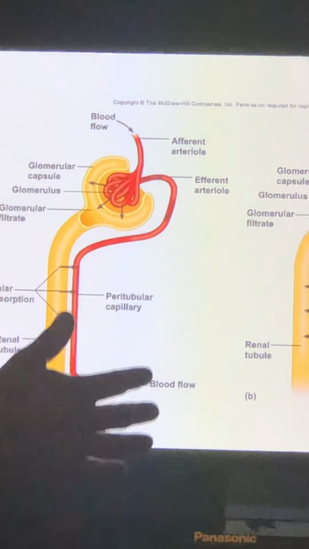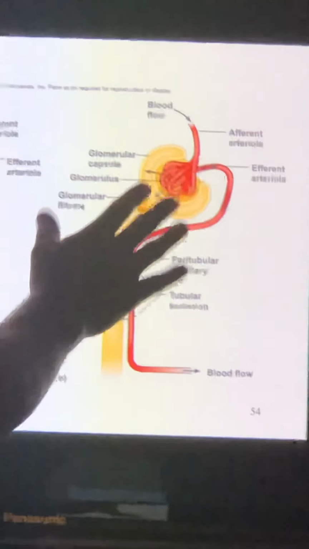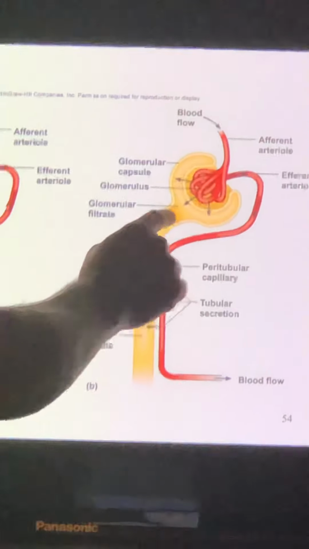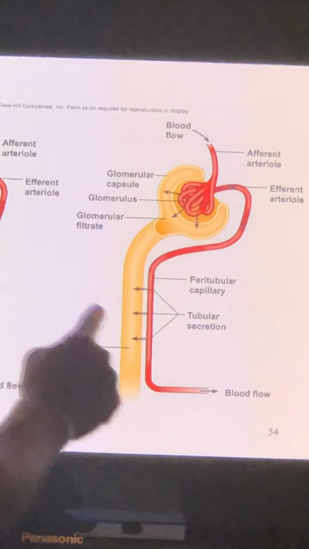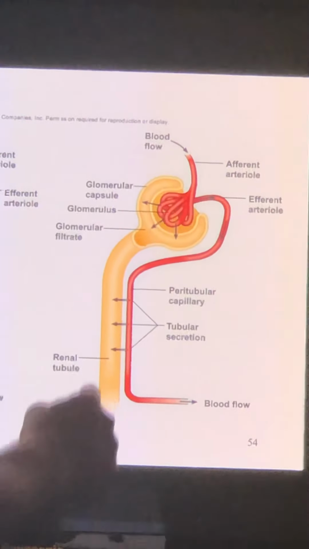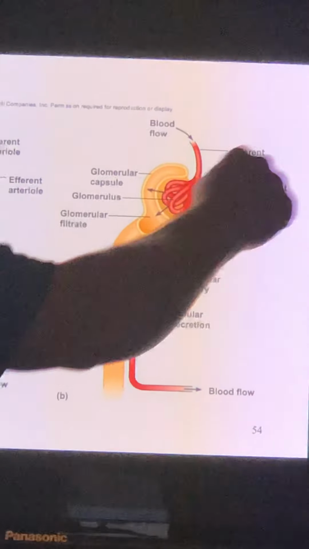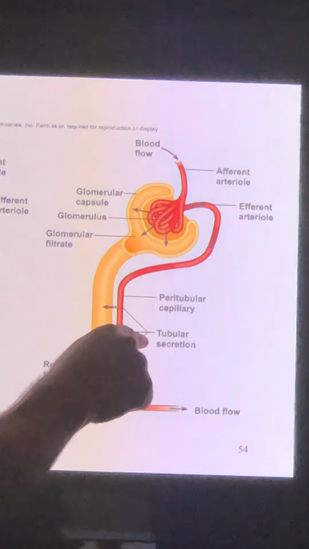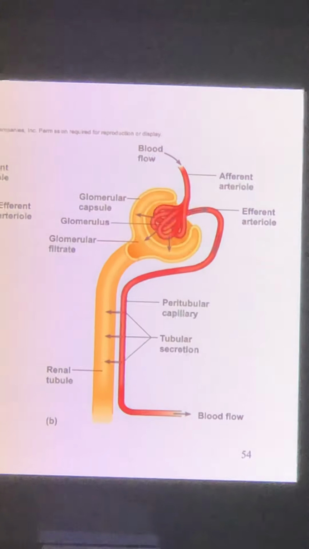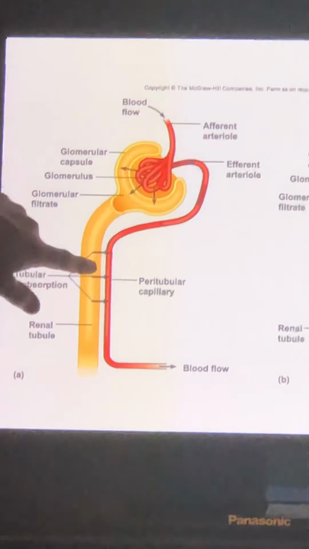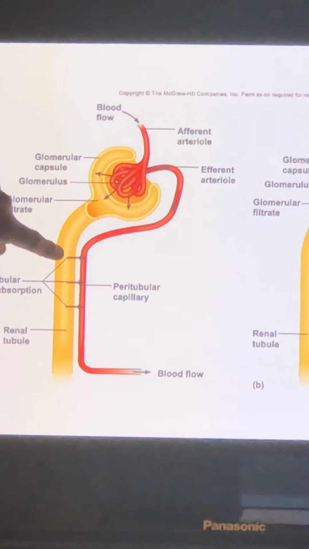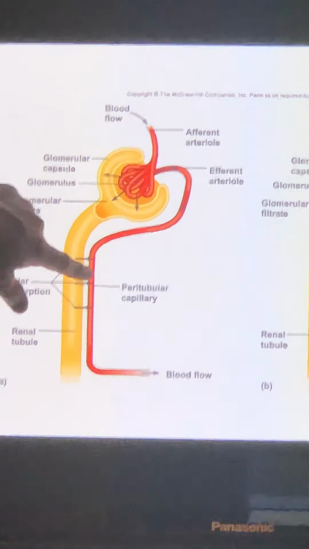In tubular secretion, I like this analogy, but I don't like the diagram, because this is the proximal convoluted tubule. Remember, you have this tortuous, twisty proximal convoluted tubule, loop of Henle, distal convoluted tubule. Tubular secretion takes place at the distal. So tubular reabsorption, which occurs at the proximal, is going from the tubule back to the bloodstream.